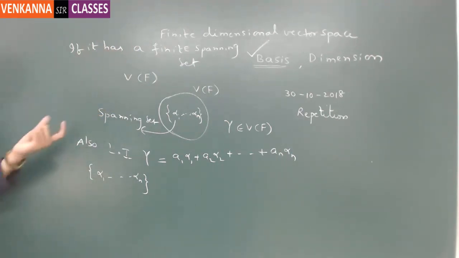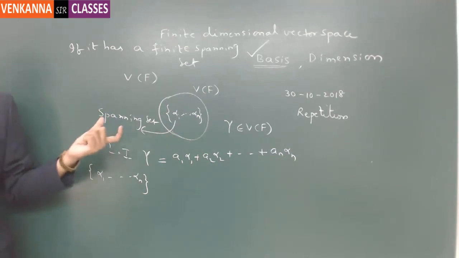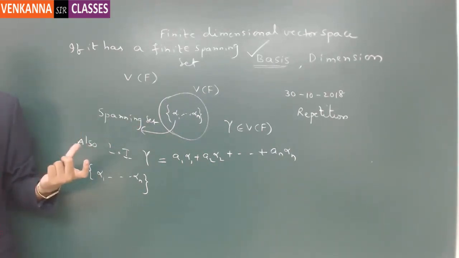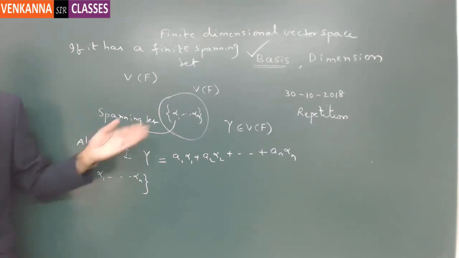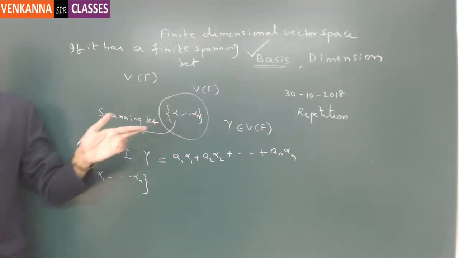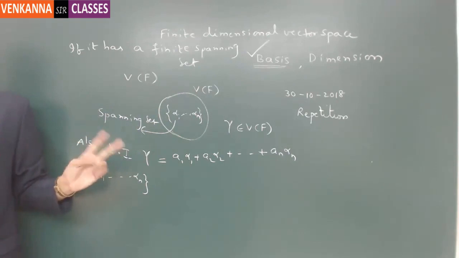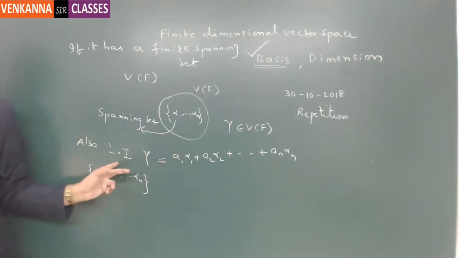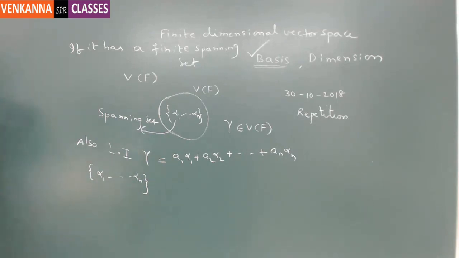So obviously a vector space may have so many bases. That means in a vector space you can find so many sets which satisfy the two conditions: one is spanning set, another one is linear independence.